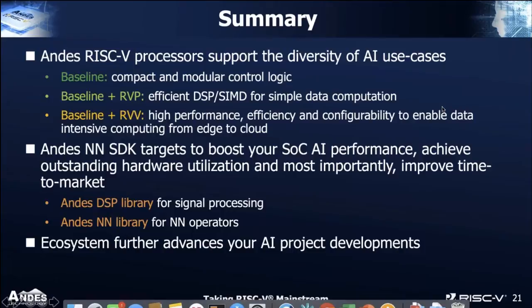The first one is, we know AI technologies are evolving. We can see new AI models and new NN operators every day. So how does Andes support and adopt these new AI applications? It's a great question. How do we support evolving models and operators?